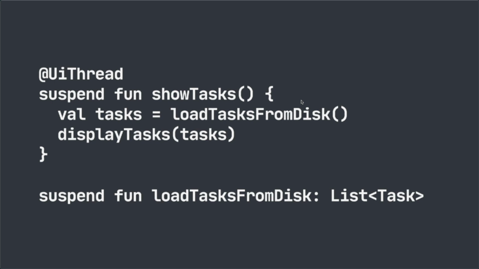We can run that long running task and then call that displayTasks method to update the UI. And we can be sure that we're not going to be blocking the UI, because this is a coroutine, it's going to do all of the heavy lifting in the background without blocking the thread it was called from. Then it's going to come back and we can update the display tasks.